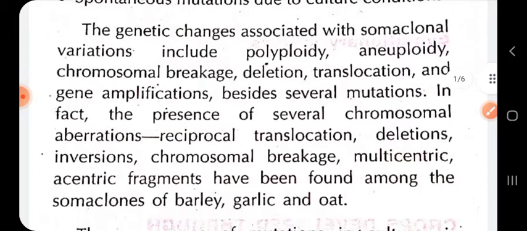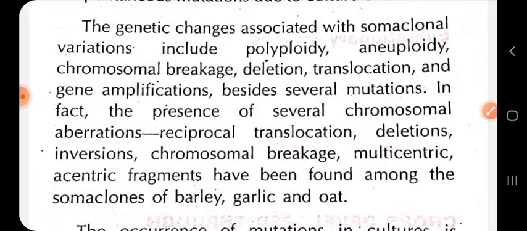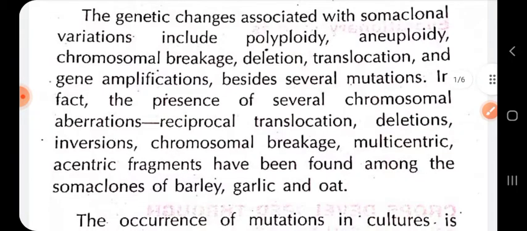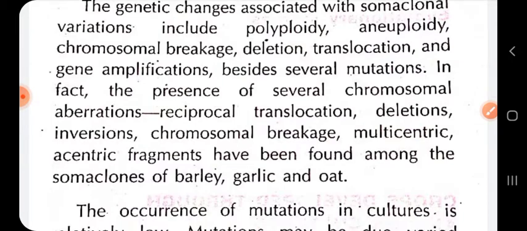In fact, the presence of several chromosomal aberrations means chromosomal structural changes like translocation, that is shifting of a segment of a chromosome to a different location in another chromosome. Deletion means removal of a segment of a chromosome, which gets deleted and inactivated due to not having a centromere.